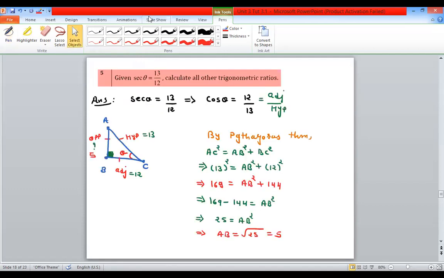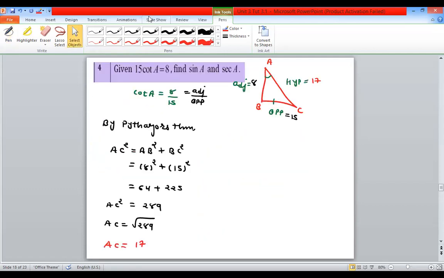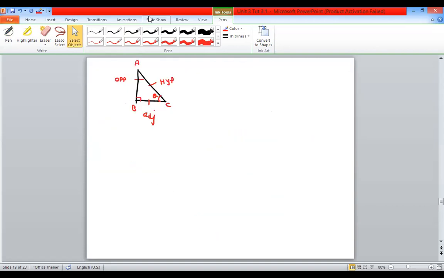We can find all three sides: 12, 13, and 5. So the opposite side is 5, adjacent is 12, and 13 remaining is your hypotenuse. The hypotenuse is always bigger than all the sides. The longest side of a right angle triangle is the hypotenuse.